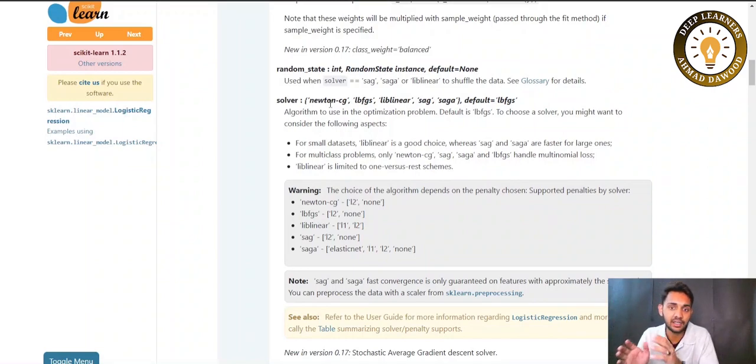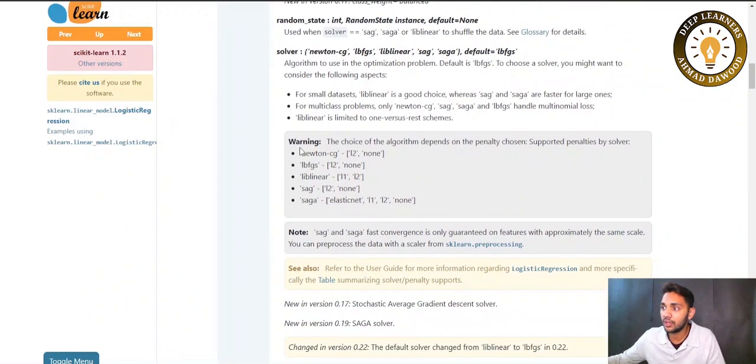SAG and SAGA you can consider as gradient descent. Here they have also mentioned which solver is best for which condition, and for which parameter value.